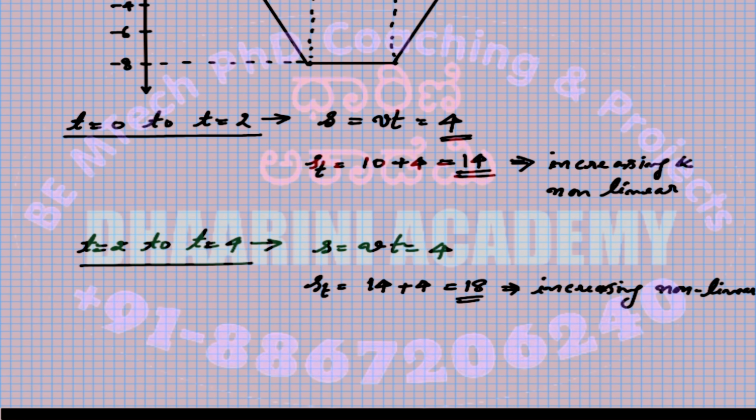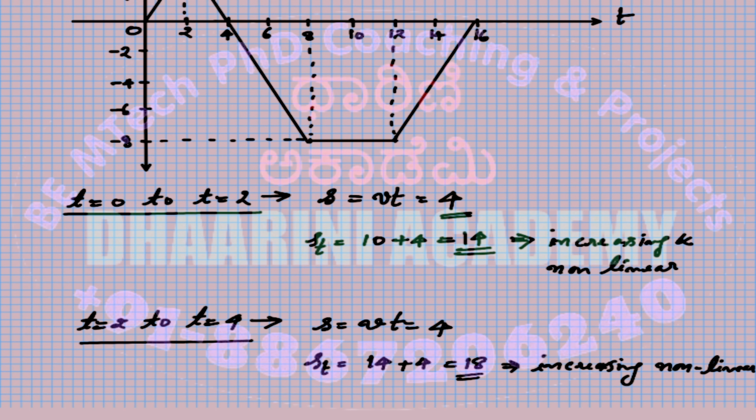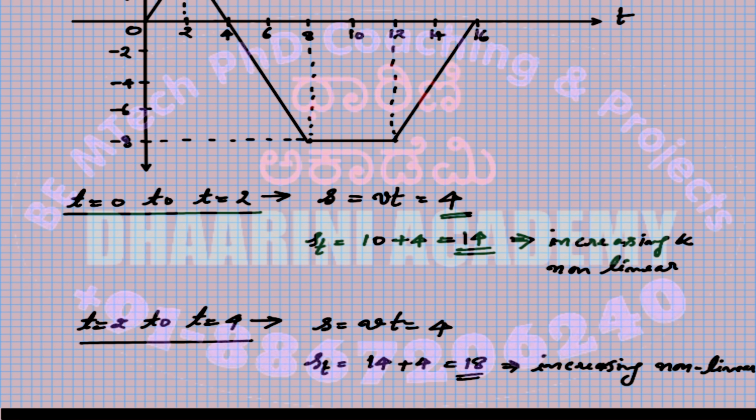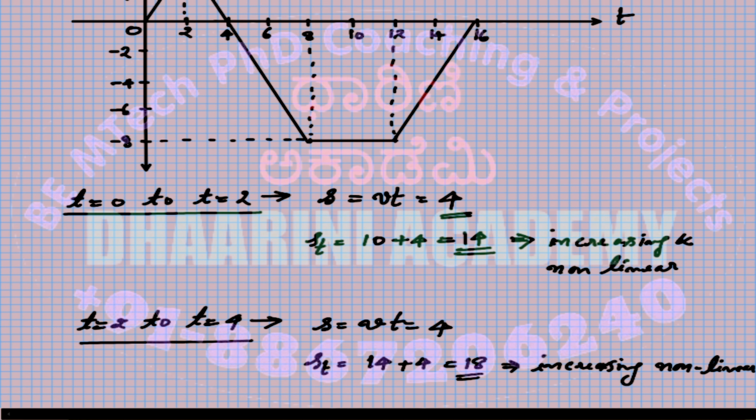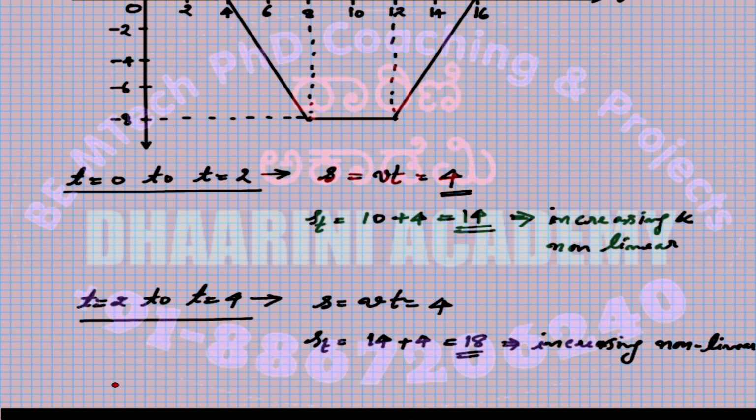Then now I want to calculate 4 to 8. So basically 4 to 8 refers to this area in total. That area can be calculated as half into base. How much is the base? 4 to 8, so the base is 4 and the height is 8. So half into 4 into 8. Okay, before that let me write t equal to 4 to t equal to 8.